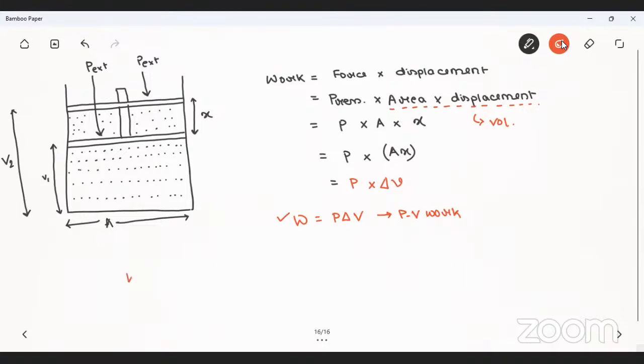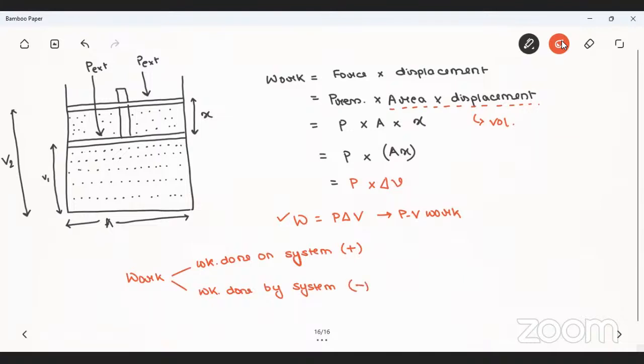Now this work can be of two types. Work done on the system means positive, as I told you yesterday. The other is work done by the system, which is negative.